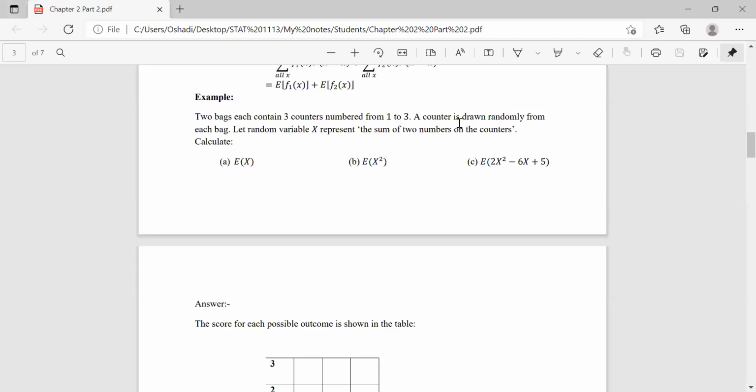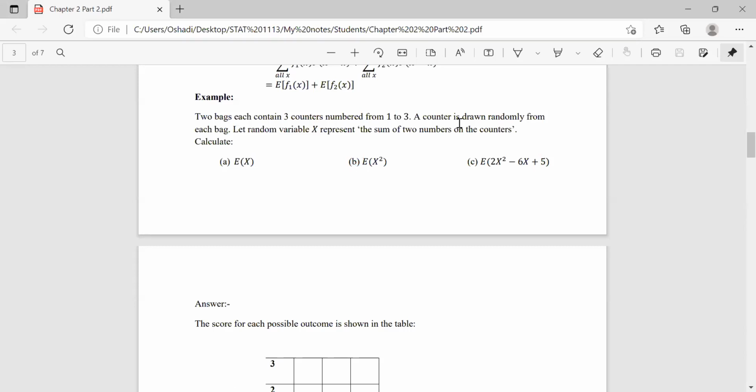Okay, so we were discussing this example. There are two bags, right? There are two bags, and each bag has three counters: 1, 2, 3, and 1, 2, 3. A counter is drawn randomly from each bag.